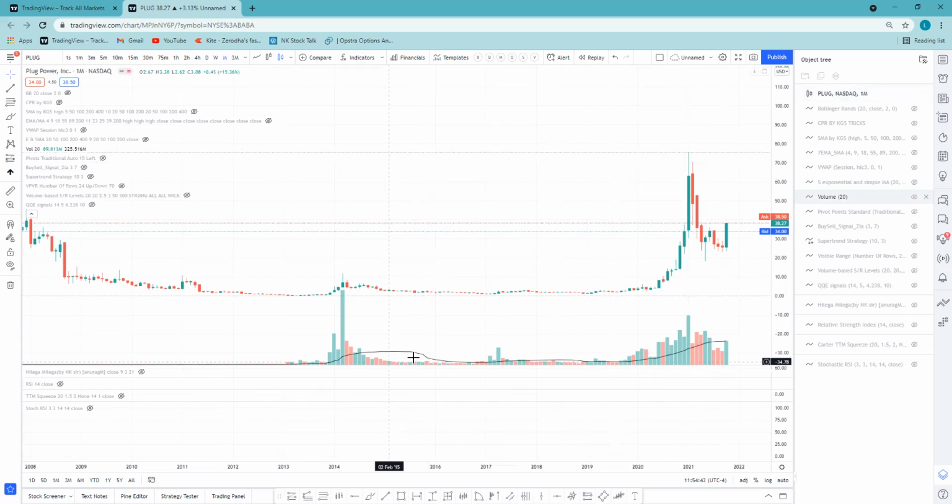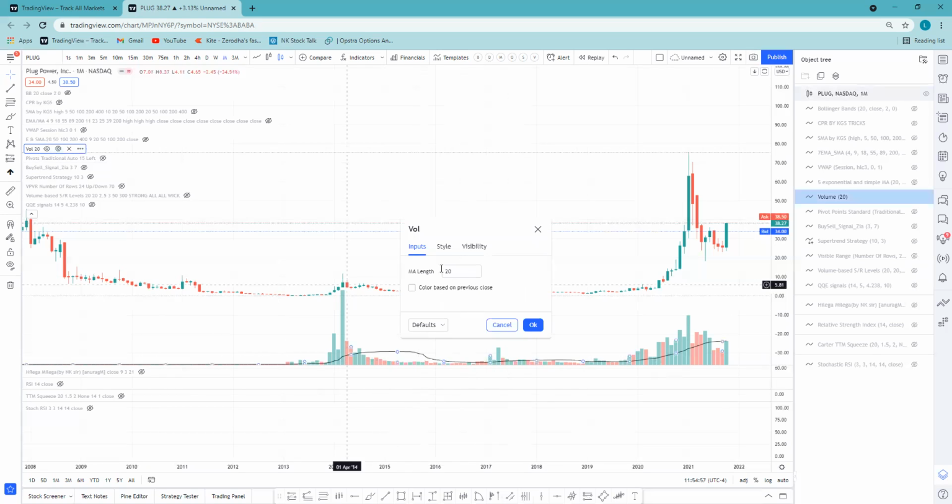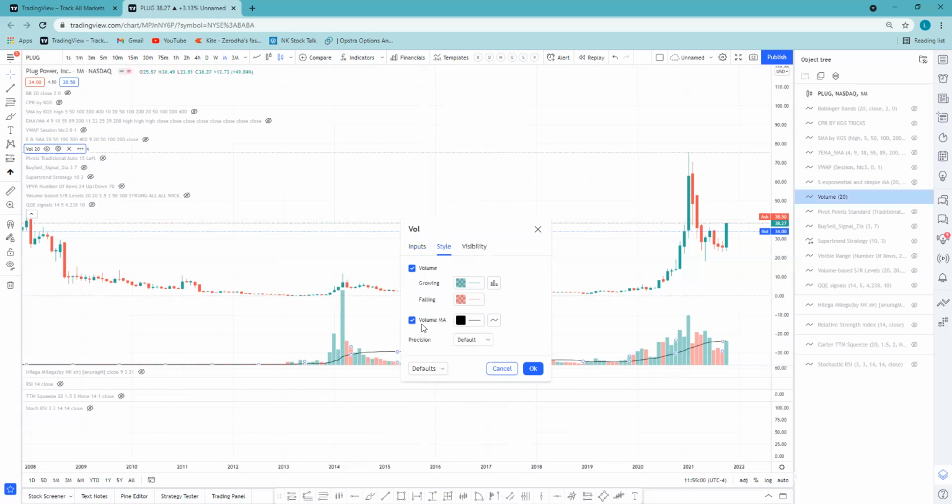Why? Because here volume has kind of died down. When the volume is below the 20 EMA, the yellow-black line you are seeing is the 20 EMA, it comes automatically here, with MA length 20. You can turn it off if you want, or just keep it on.